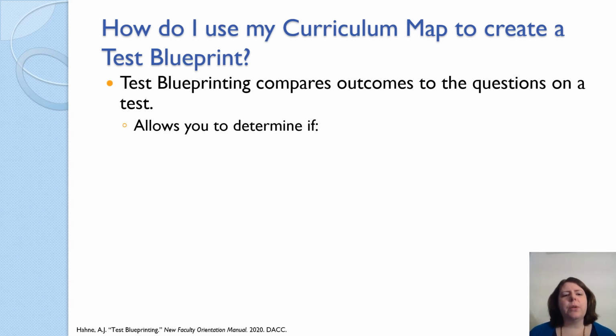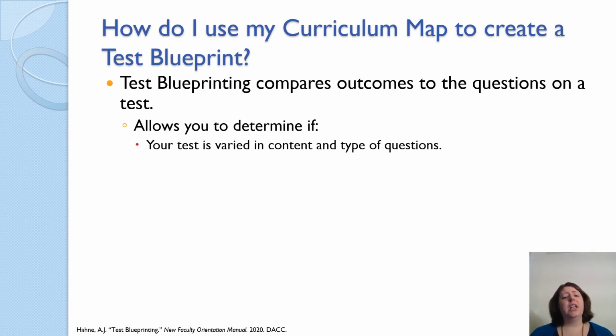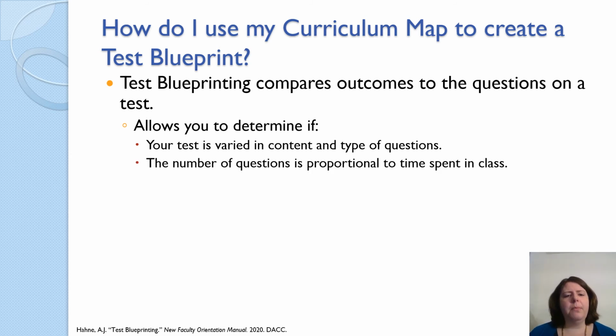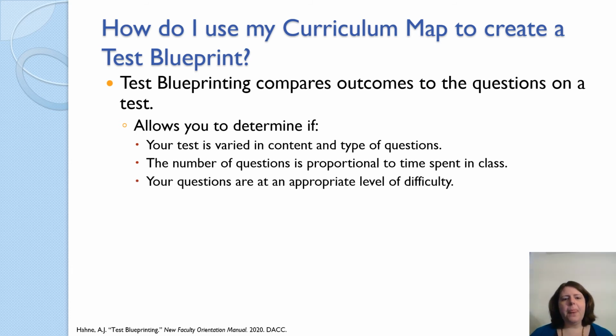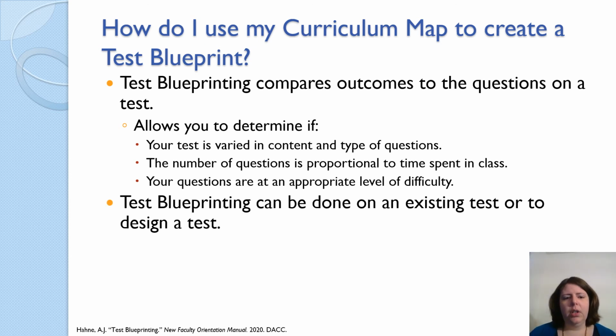It helps us determine if our test is varied in content and question type, how many questions we're asking based on the amount of time we spend in class, and appropriate difficulty level. So if we know what our outcome is and we look at our questions, we could ask what Bloom's level is my question, and is that appropriate for the outcome I have?